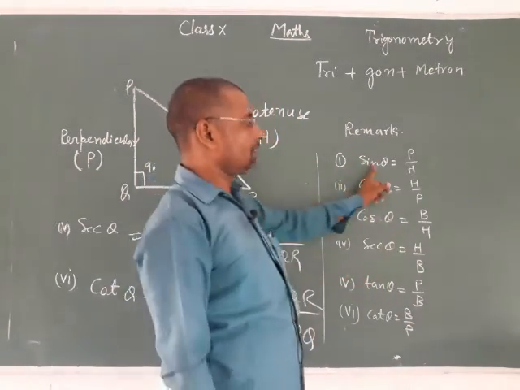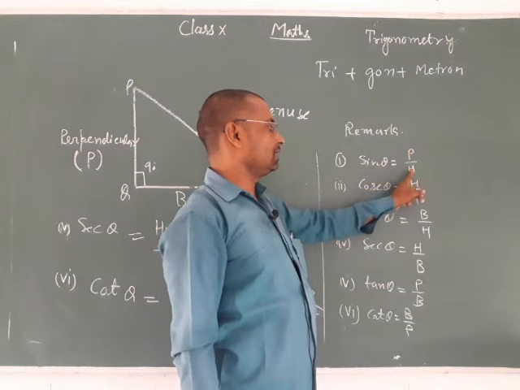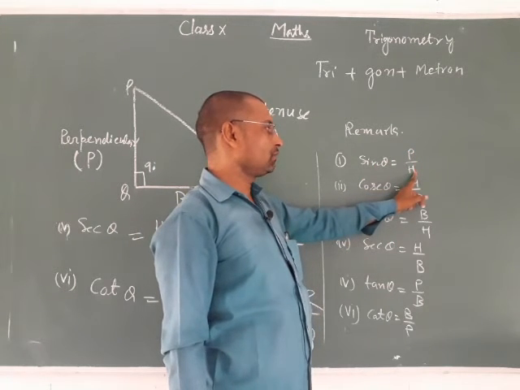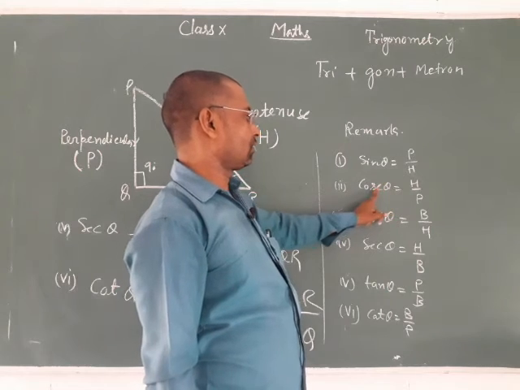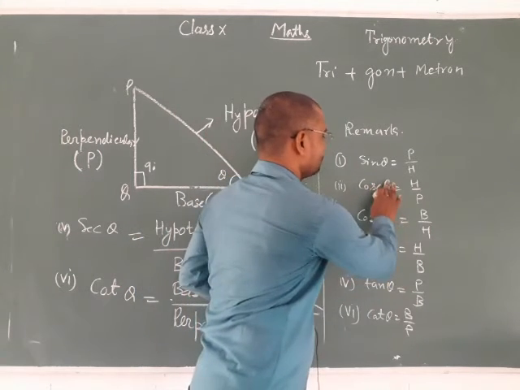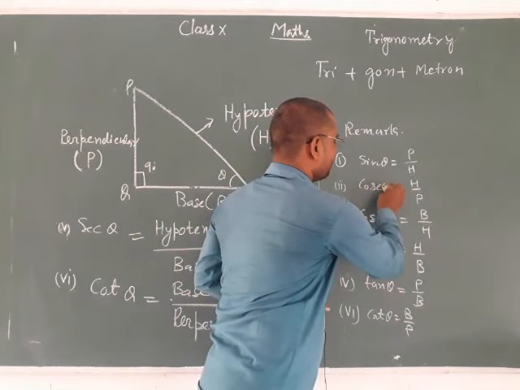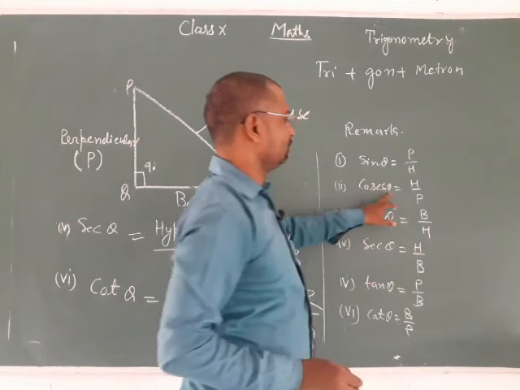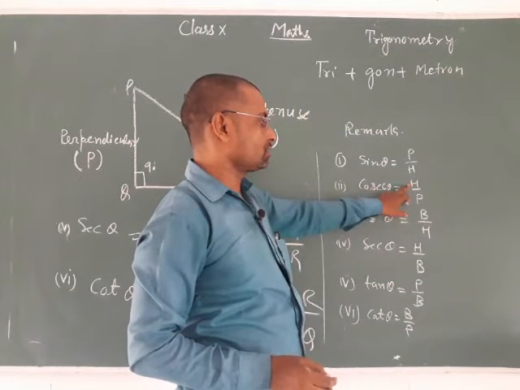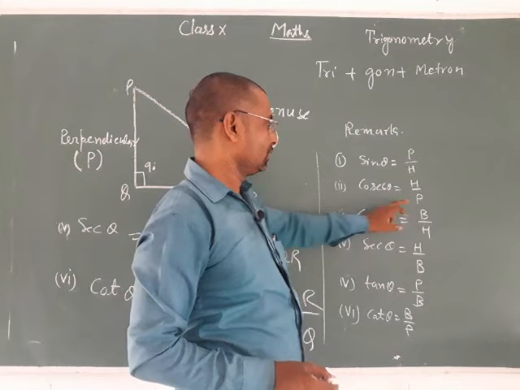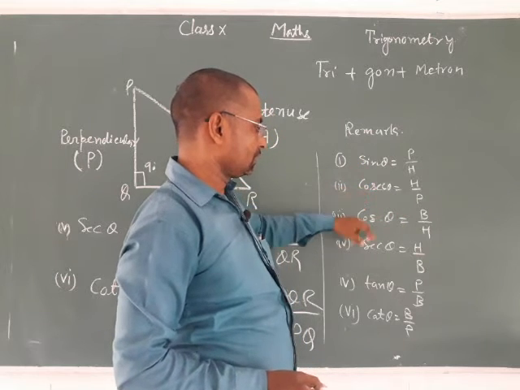Easy. Sin theta is equal to P by H, perpendicular upon hypotenuse, and cosec theta is hypotenuse upon perpendicular, the opposite.